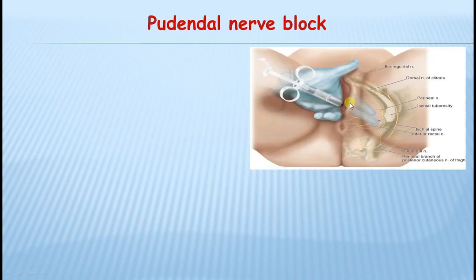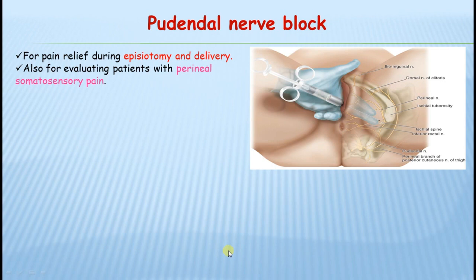Pudendal nerve block is mainly given during some surgeries of the perineal region and also during episiotomy and delivery, to dilate the vaginal canal. So it is for any somatosensory pain arising from the perineal region.